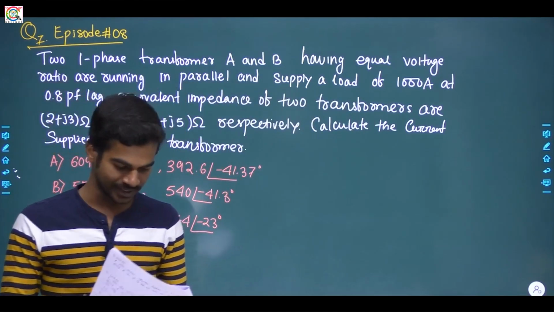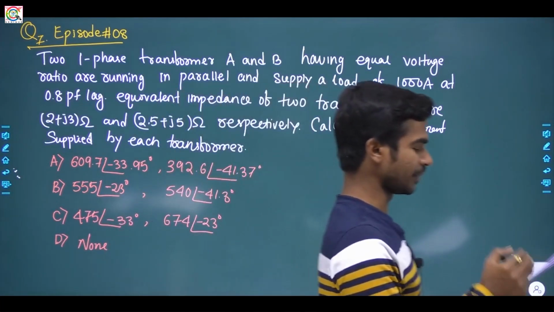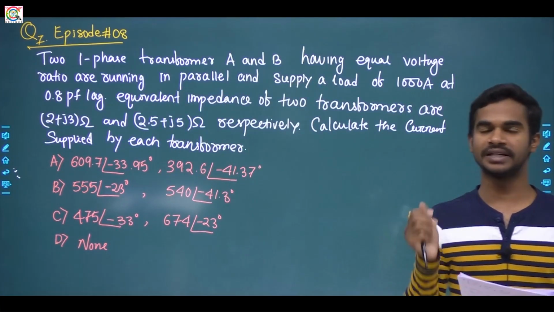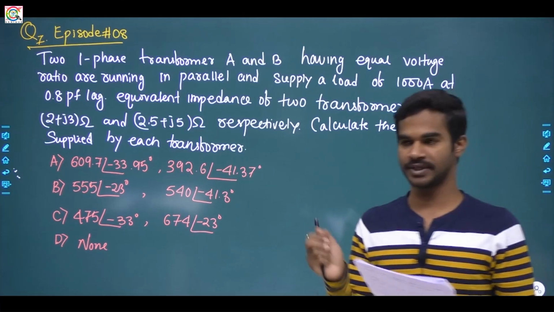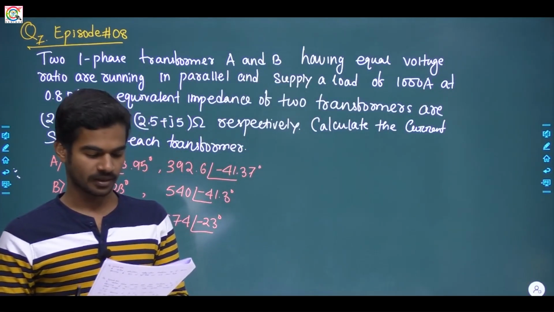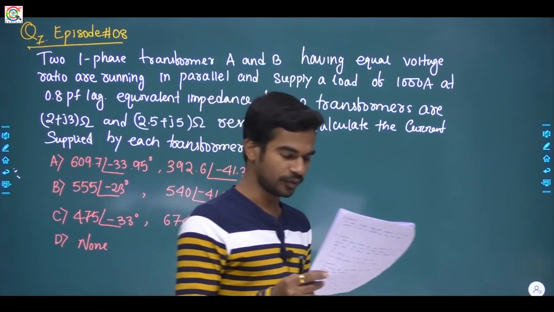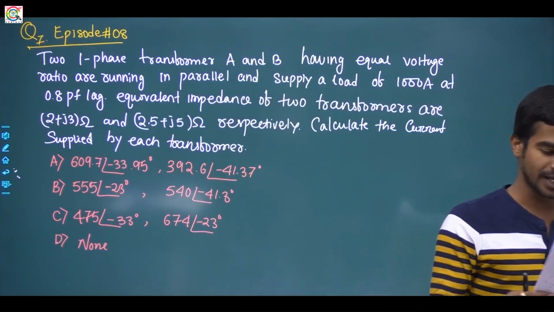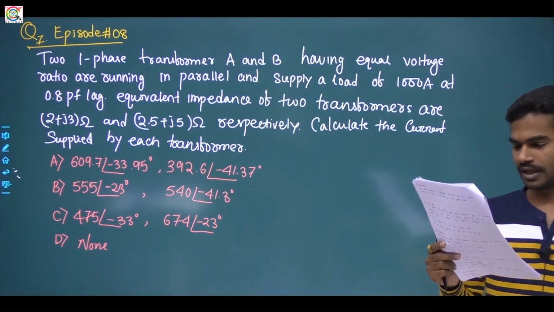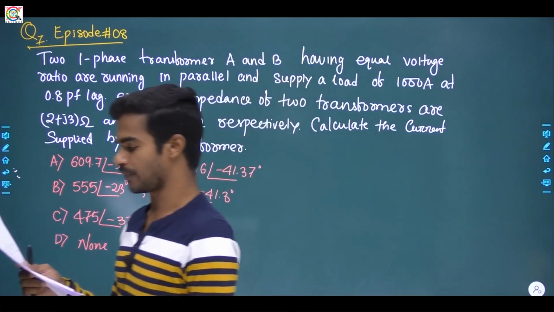So read the question. This question is based upon the parallel operation of the transformer. Here two identical single phase transformers are connected in parallel. Two single phase transformers A and B having equal voltage ratio are running in parallel and supply a load of 1000 ampere at 0.8 power factor lagging.